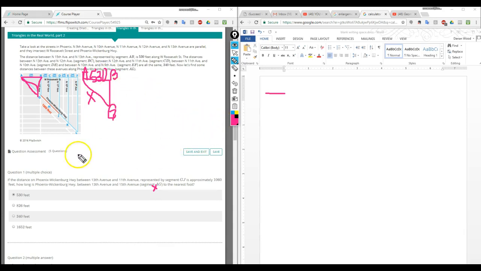Alright, then they give us this G to J portion, and it is part of a side leg of a triangle.